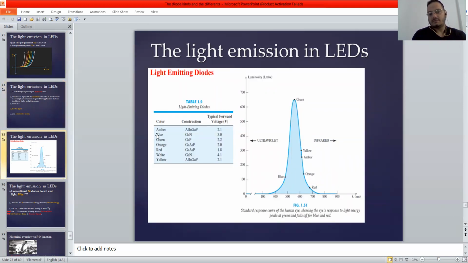When we deal with different materials, we can generate different colors, something like green with gallium phosphide up to 2.2, and this diagram illustrates to us blue, green, yellow.